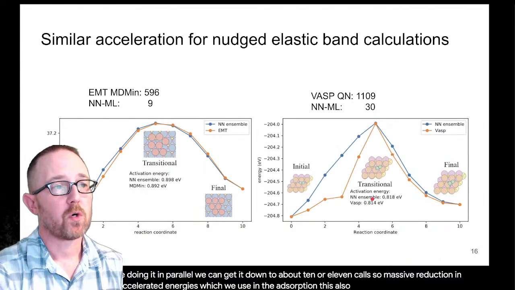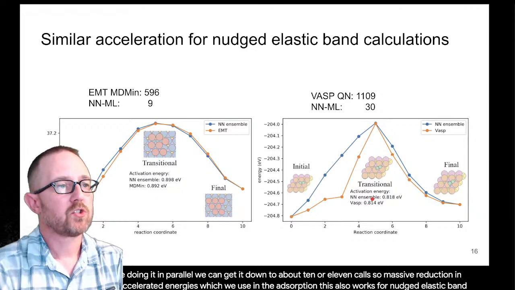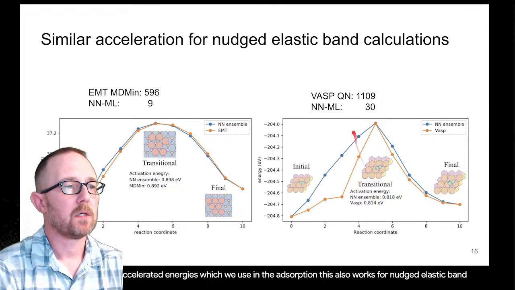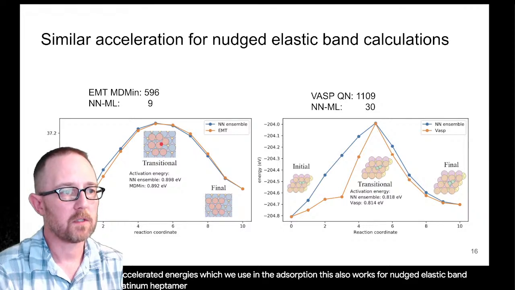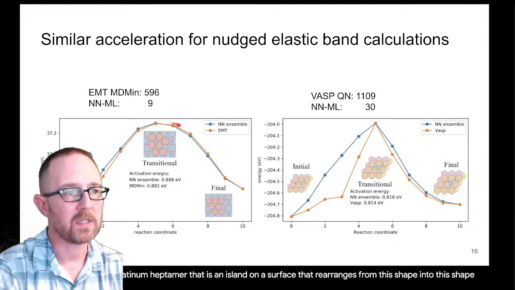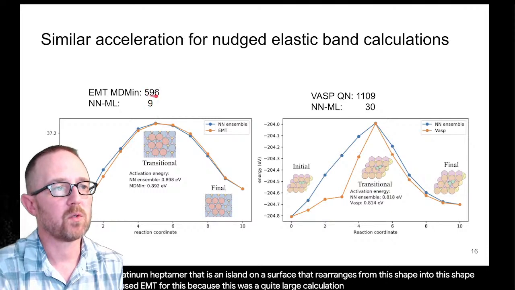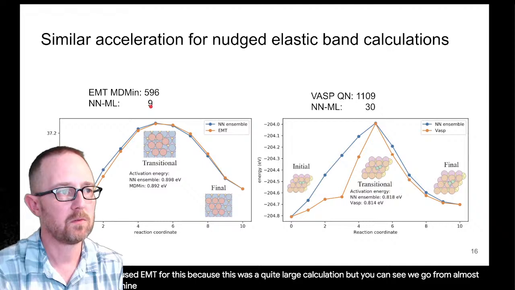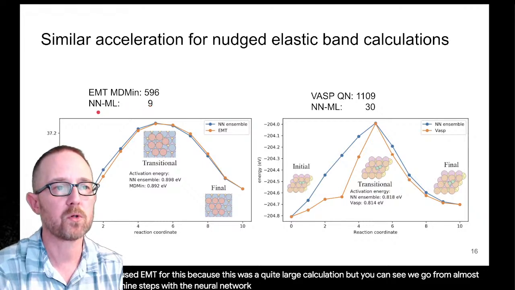This also works for nudged elastic band calculations. This is a platinum heptamer that is an island on a surface that rearranges from this shape into this shape. And here we used EMT for this because this was a quite large calculation. But you can see we go from almost 600 steps with MD-Min to 9 steps with the neural network machine learning approach.